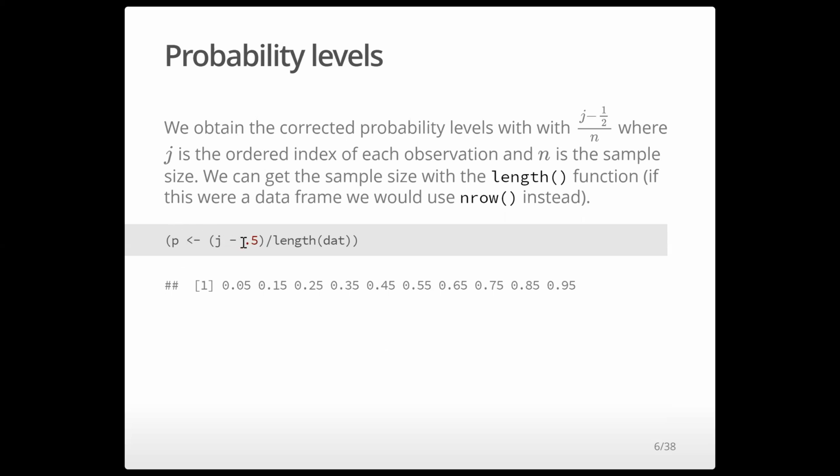So here I take J minus 1/2 divided by length of DAT. This will evaluate to 10, of course. It's good to be in the practice of doing this to make your code reusable or more generalizable. This way we could run the same code again with a different variable that had a different sample size and it would still work. And you see these are the expected probability values for 10 observations drawn from a normal distribution.